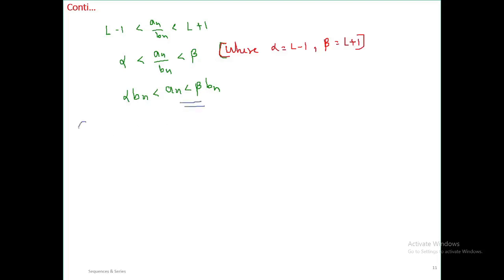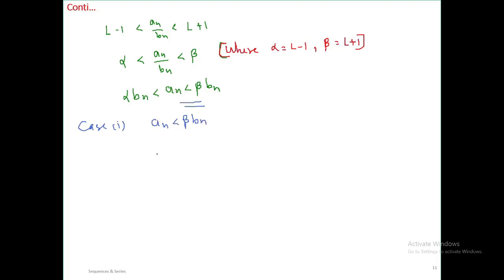So case 1: an is less than some constant into bn. Look, by the comparison test. This is the limit comparison test, but I am using the comparison test.